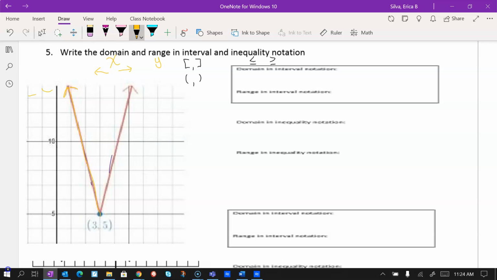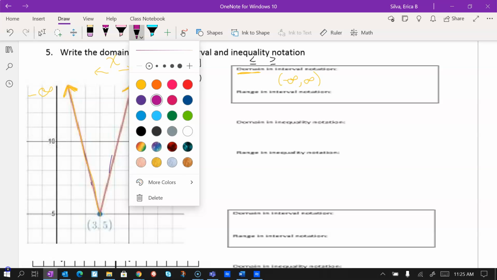So on the left, it's approaching -infinity because there's no end. For the right, there's also an arrow, so it goes up to positive infinity. So for my domain, in interval notation, it goes from -infinity to positive infinity. And we need to use parentheses because infinity always has parentheses.